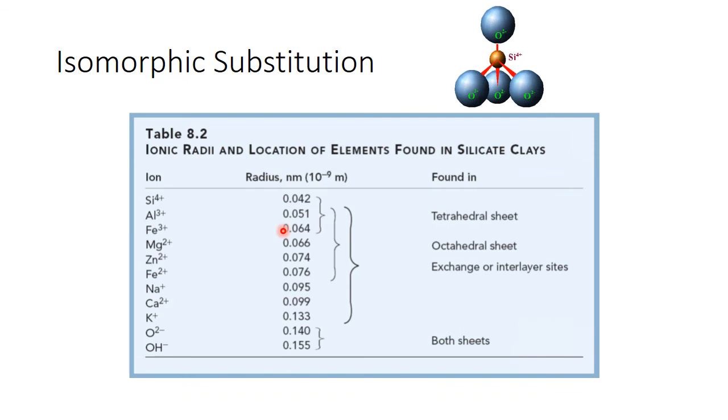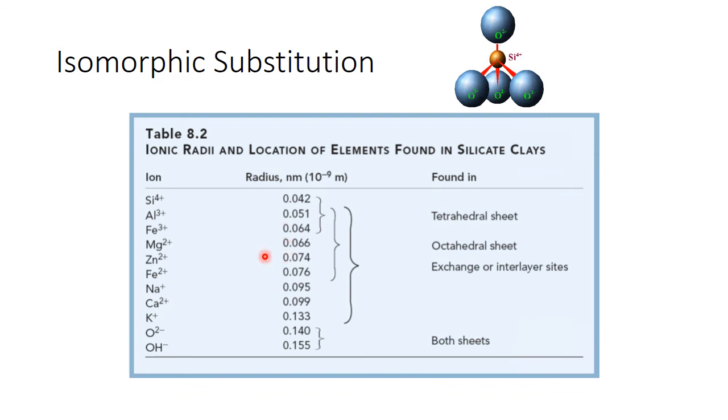But if we have magnesium 2+, zinc 2+, or iron 2+ take the place of aluminum, because there's a change in the valence of those cations from aluminum at 3+ to the other ones at all 2+, then we end up with a net negative charge because it wouldn't offset all the negative charges of the oxygens.